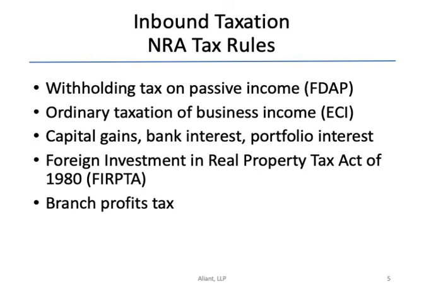And it gets taxed again on that dividend under the 30% FDAP withholding rules, again maybe reduced by an income tax treaty. So you will sometimes have foreign corporations looking to avoid that second layer of tax by just operating in the United States directly. So the branch profits tax was enacted to basically replicate a double tax structure for these foreign corporations. And there's some very interesting planning that can be done with the branch profits tax.